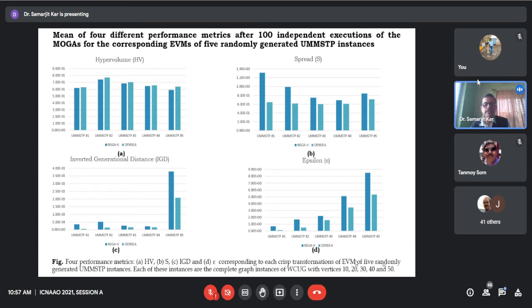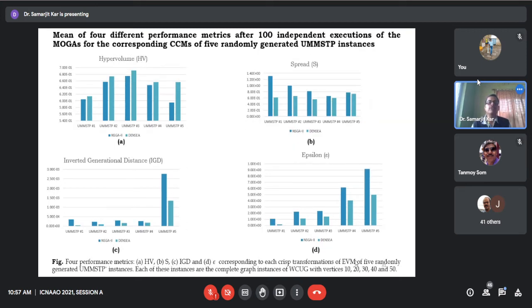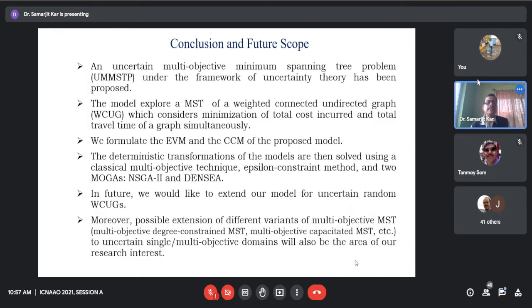For the hypervolume measure, the greater value is more acceptable, but in the case of spread, the lower value is acceptable. Similarly for the other two. So by comparing these results for both the expected value model and the chance constant model, we can conclude that Densia performs a little better than the NSGA2.